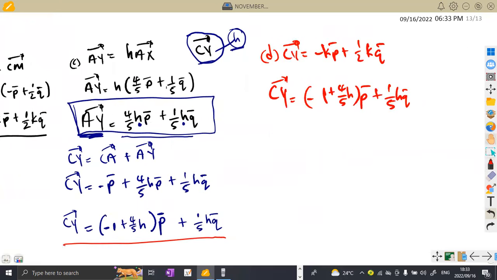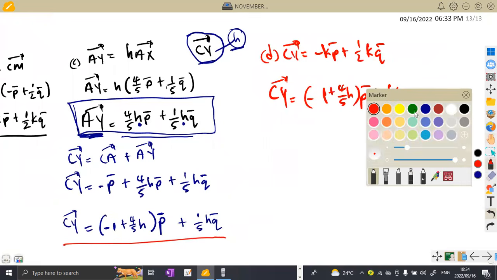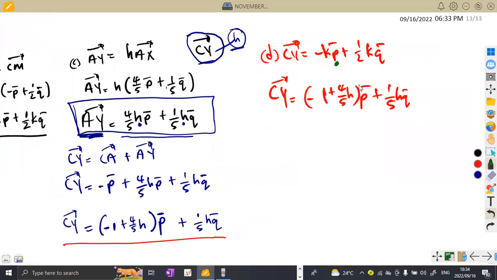It means I'm going to equate the vectors now, vector P and vector P are the same. So I'm going to take the scalar of negative K and equate it to the scalar of the same vector P in the other part. So I'm going to equate my answer to negative 1 plus 4 over 5H.